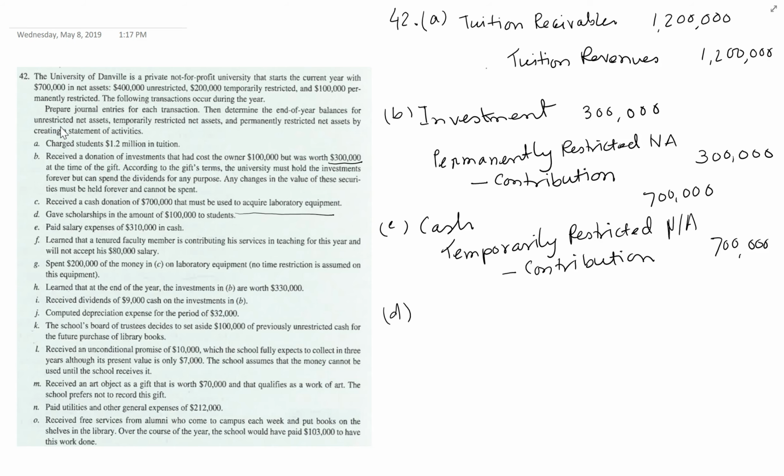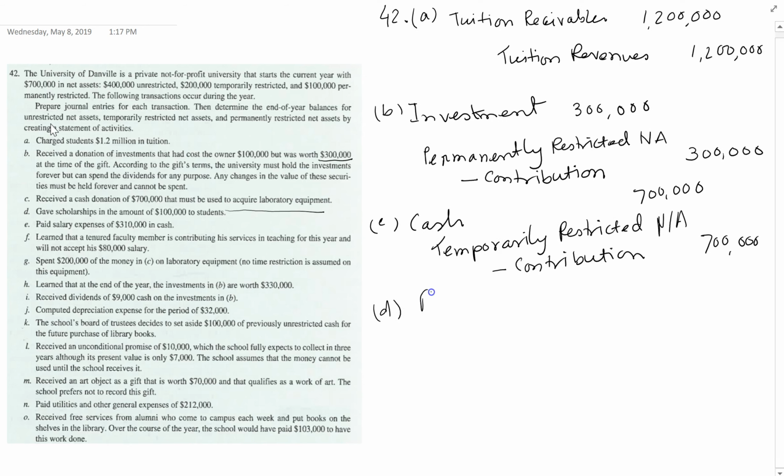So I'll write it down. It's financial aid or scholarship. You can also write it down, scholarship, debit, and you have to reduce your tuition receivables. So you have to credit tuition receivables.